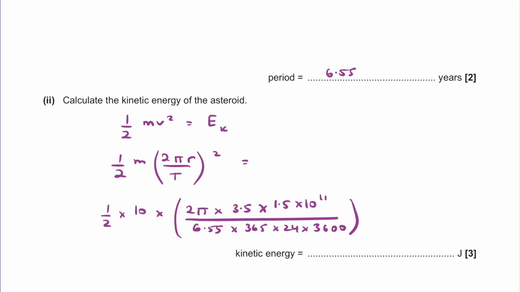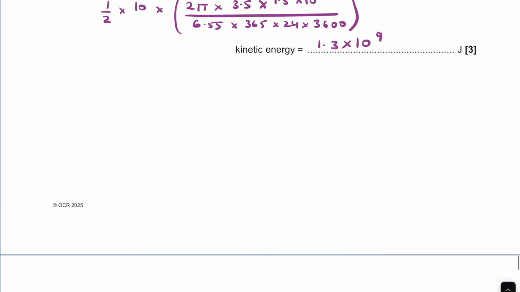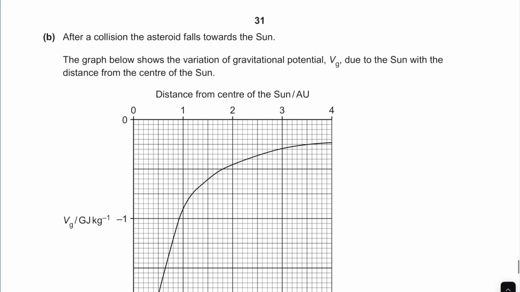So all that squared, and you would end up getting 1.3 times 10 to the 9 joules of energy.